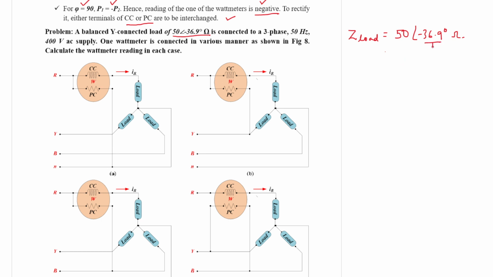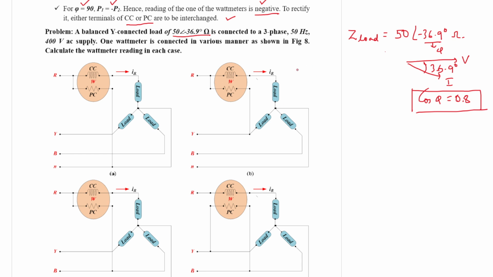This is the power factor angle phi. So the angle between voltage and current is 36.9 degrees, therefore the power factor becomes 0.8. So that is the first information we can have from the first line of the problem.